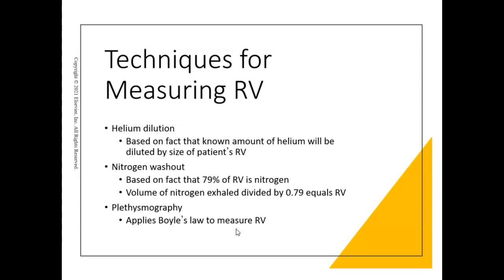The patient is going to sit in a sealed chamber. There are pressure transducers that measure the pressure at the mouth and inside that chamber. Eventually in the testing, you're going to hit a button that closes a shutter in the mouthpiece. That's going to occlude the airway for a short period of time, and that helps us measure airway pressure changes under conditions where there's no airflow.